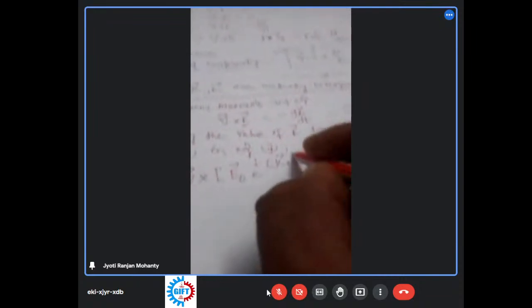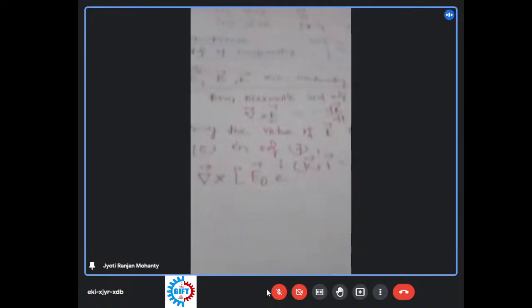We get del vector cross, and instead of E, I can write E0 e to the power i k vector dot r vector minus omega t, is equal to.